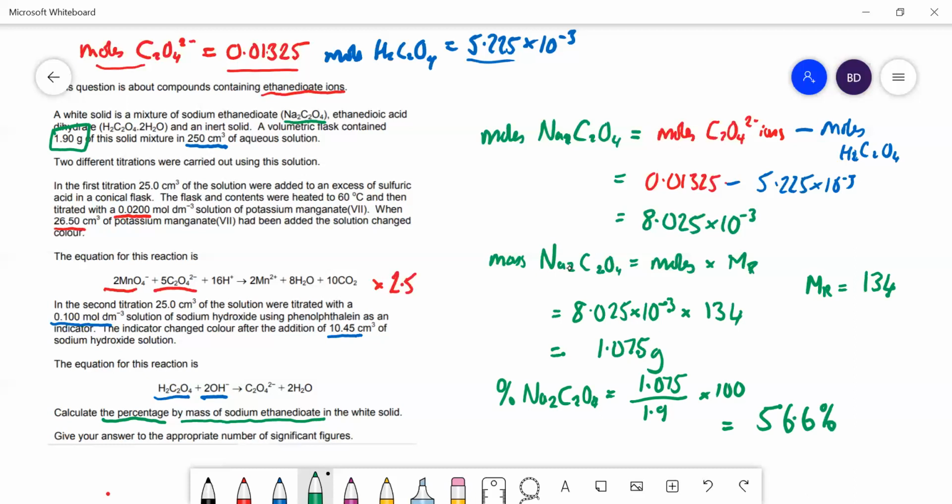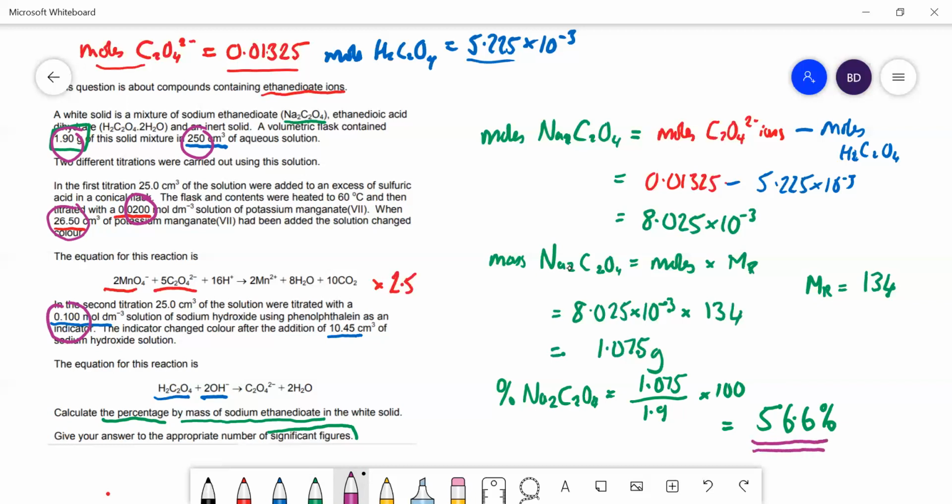It says give your answer to the correct number of sig figs. If you look at every bit of data there, it's 3 significant figures, so we give it to 3 significant figures, the least accurate bit of data.